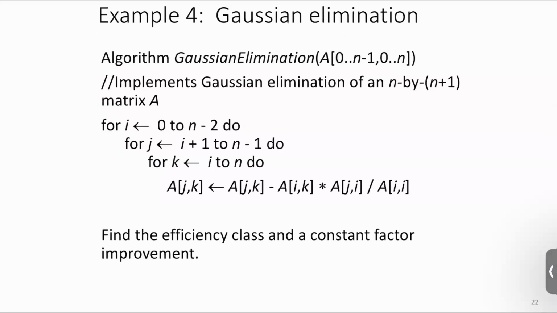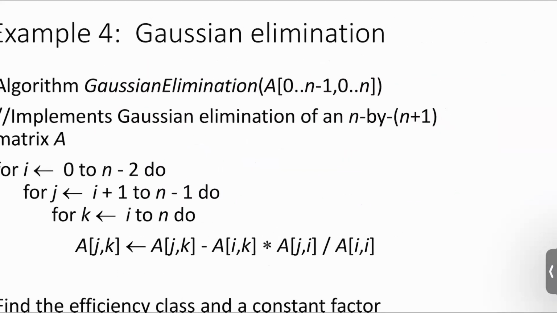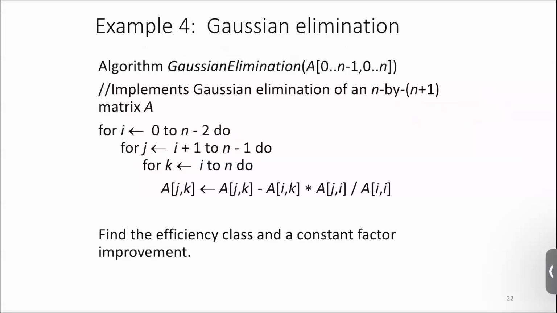One more again, it's going to be three loops. Hopefully, this is again surely n cube. You can set up the sum equation. I is going to start from 0 to n minus 2. Then j is going to start from I plus 1 to n minus 2. K is going to start from 1 to n. And you are performing division, multiplication, subtraction, assignment.